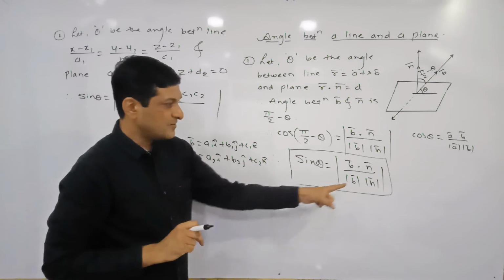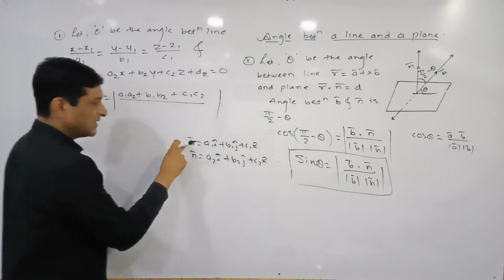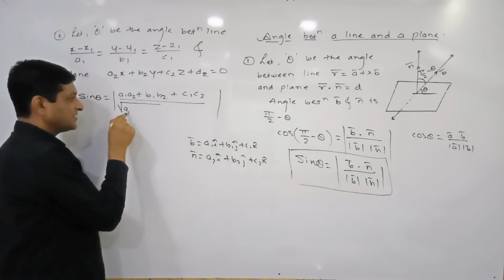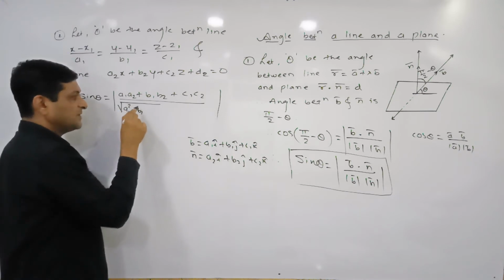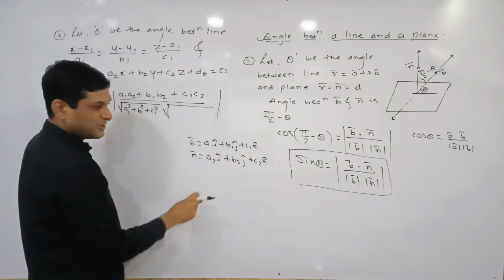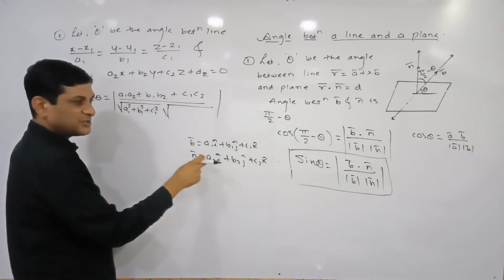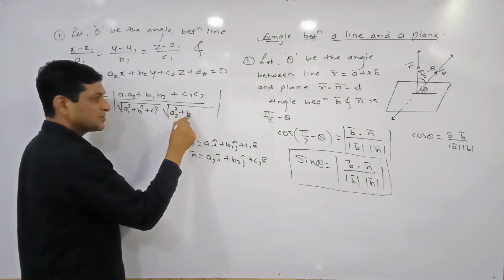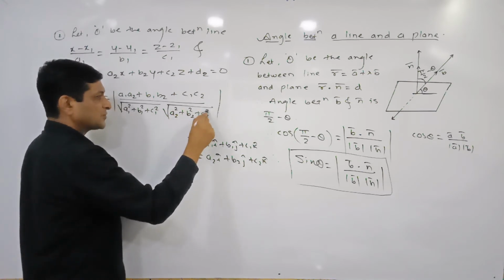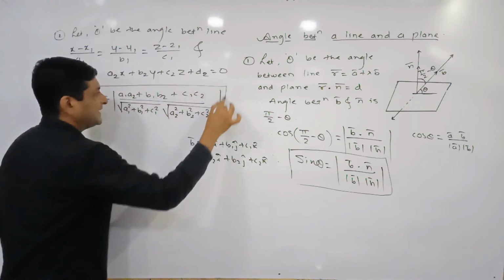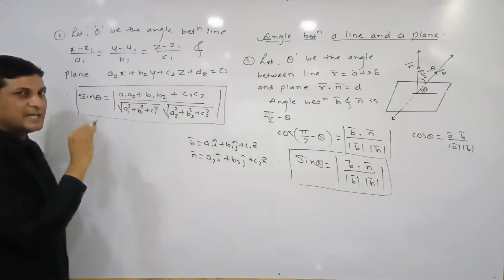In the denominator, first write the magnitude of b bar, that is root of a1 square plus b1 square plus c1 square, and the second value is the magnitude of n bar, that is root of a2 square plus b2 square plus c2 square. In this way, we have got another formula to find the angle between a line and the plane.